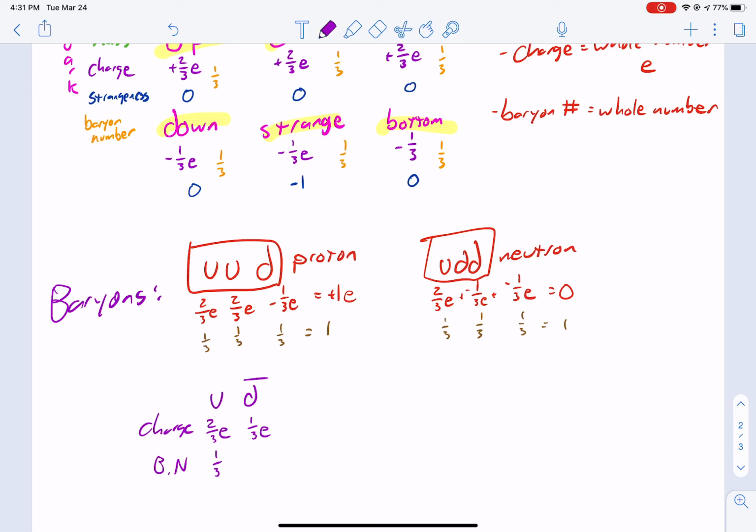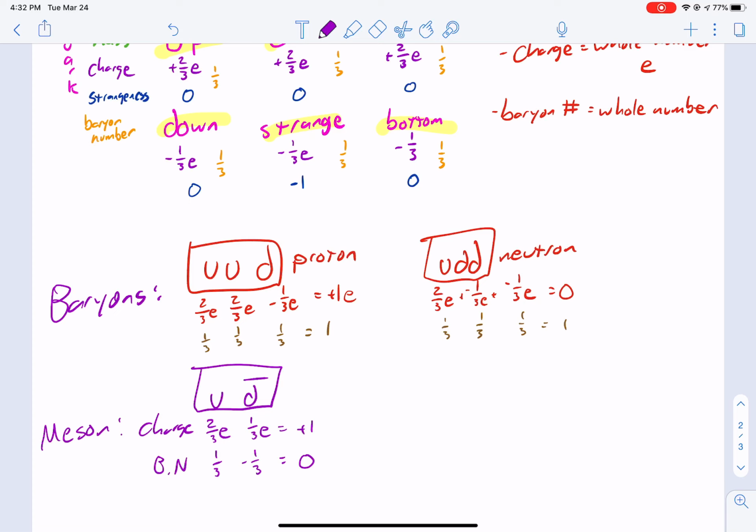So the charge is 1/3 E. The baryon number is 1/3, but again, we're opposite worlds, so it's -1/3. So the charge is actually plus 1, and the baryon number is 0. This is a meson.